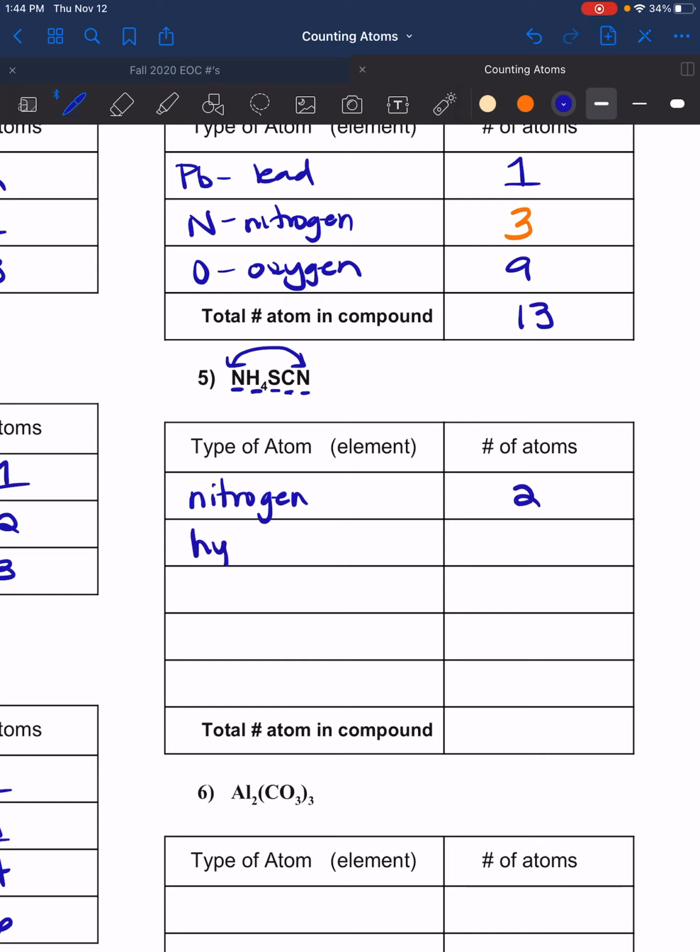The H is hydrogen, and there's a 4 subscript, so we have 4. The S is sulfur. There is no subscript, so there's just one. And the C is carbon, and there's no subscript, so there's just one. We accounted for this last N when we counted the first nitrogen, so we've counted all of the atoms, and there are 8 when I add 2, 4, 1, and 1.